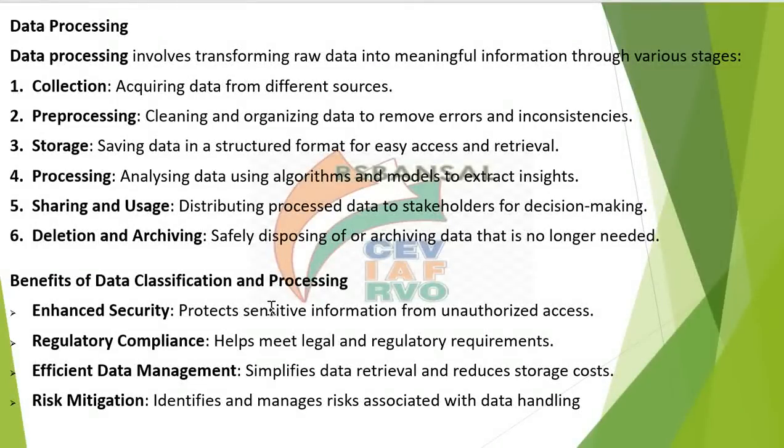Pre-processing means you have to remove the errors and inconsistencies from the data which you have collected. So cleaning and organizing data to remove errors and inconsistencies is called pre-processing. And then you have to store this data in a structured format so that it is easy to access and retrieve the data as and when required.